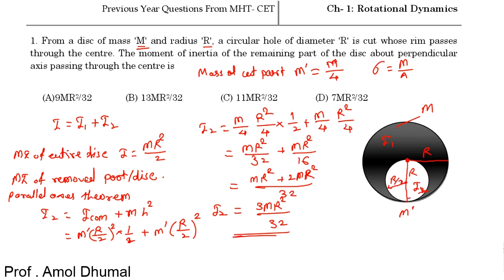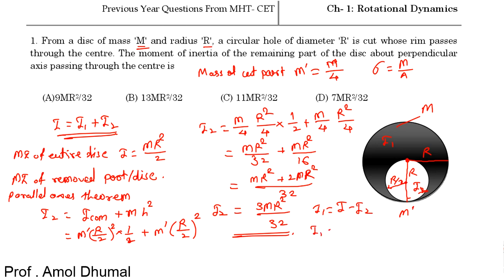Now we can find I1 using this equation. I1 is equal to I minus I2.